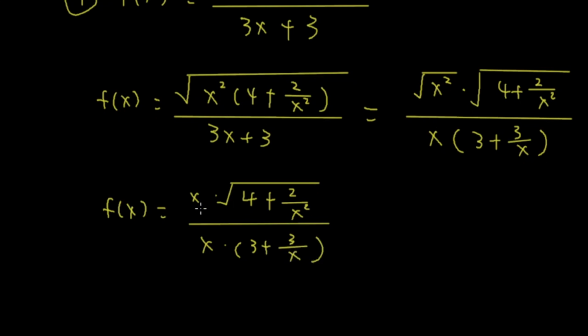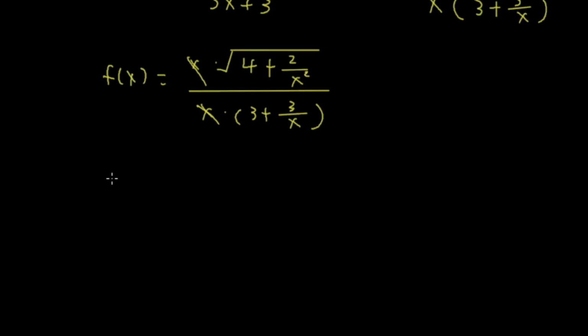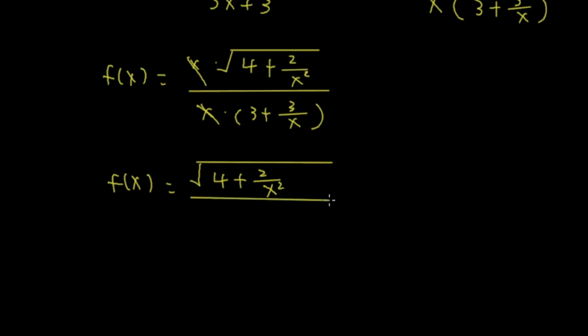Okay, now x and x cancel out. All I have left is f at x equals the square root of 4 plus 2 over x squared divided by 3 plus 3 over x.